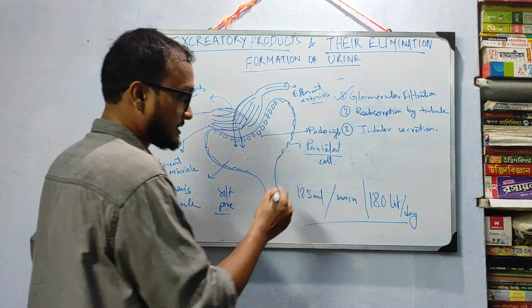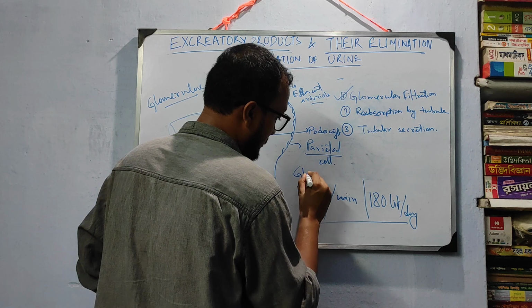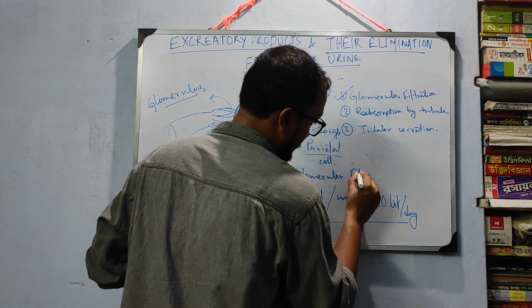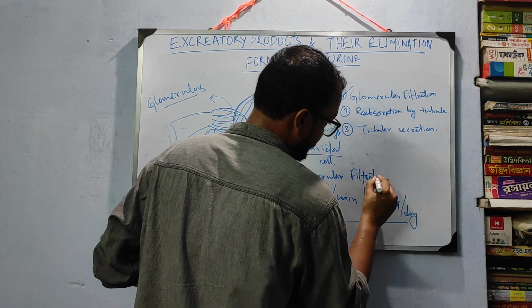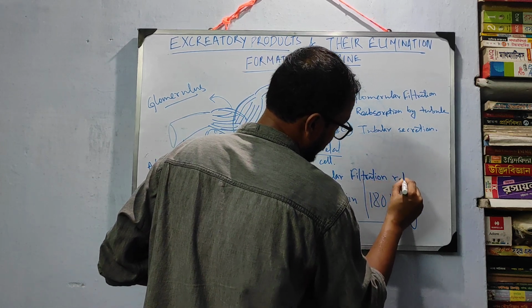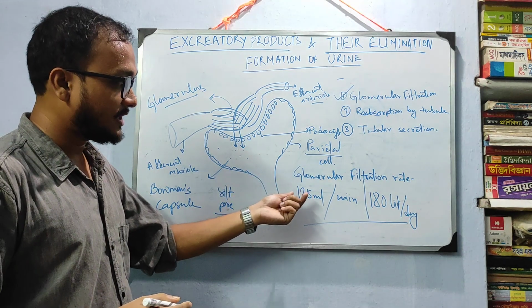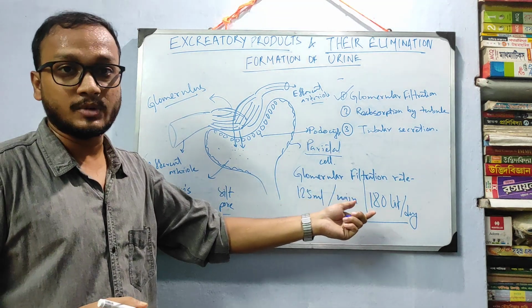This amount is known as the glomerular filtration rate. So glomerular filtration rate is 125 ml per minute or 180 liters per day.